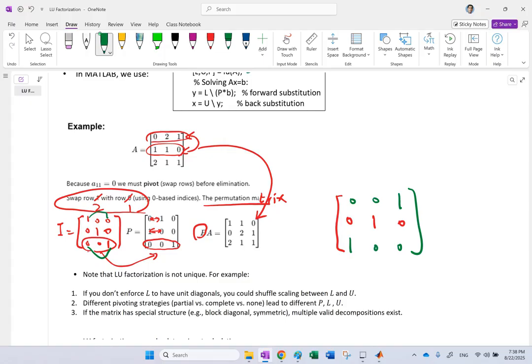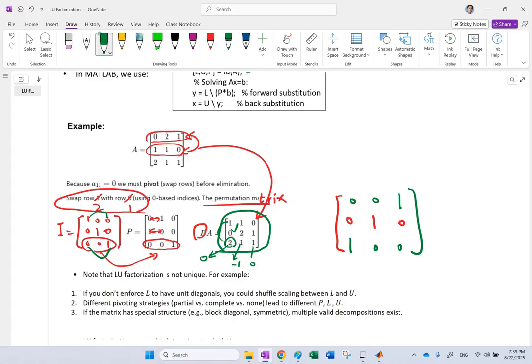Okay, so in this case, P times A is this, and now can I use it? Yes. This one is already 0, so this is good to go. So here I just need to divide this 2 by 1 and get rid of this, so that becomes a 0. If I multiply the first row by 2, subtract it from this, this guy goes to a -1 and this guy stays at 0.